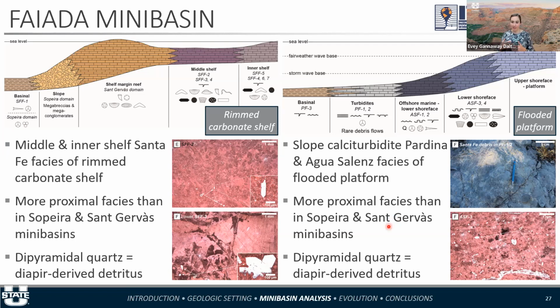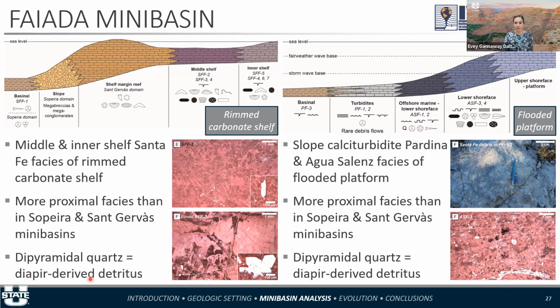And remember that is more basinward in the case of the Pyrenean Rift Basin. So we recognize more landward or proximal facies in this mini basin, despite occupying a more basinward or distal location in the Pyrenean Rift Basin.